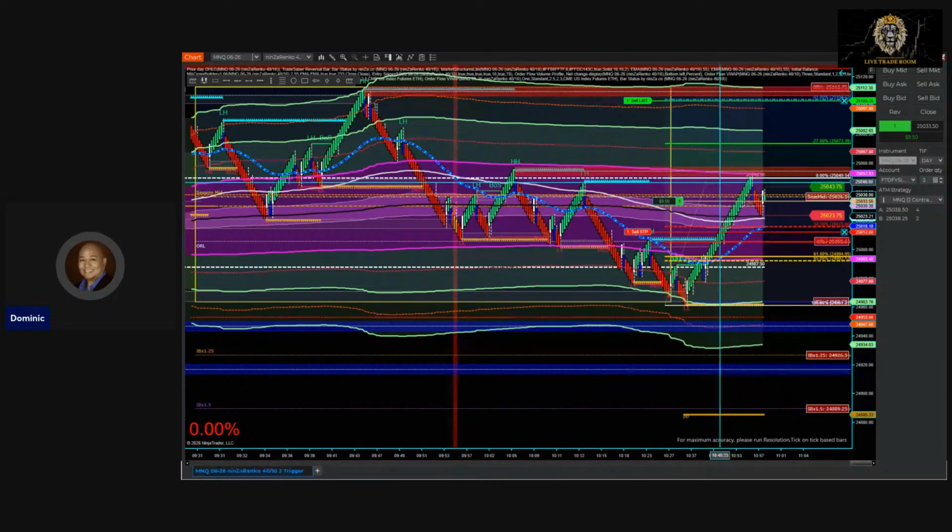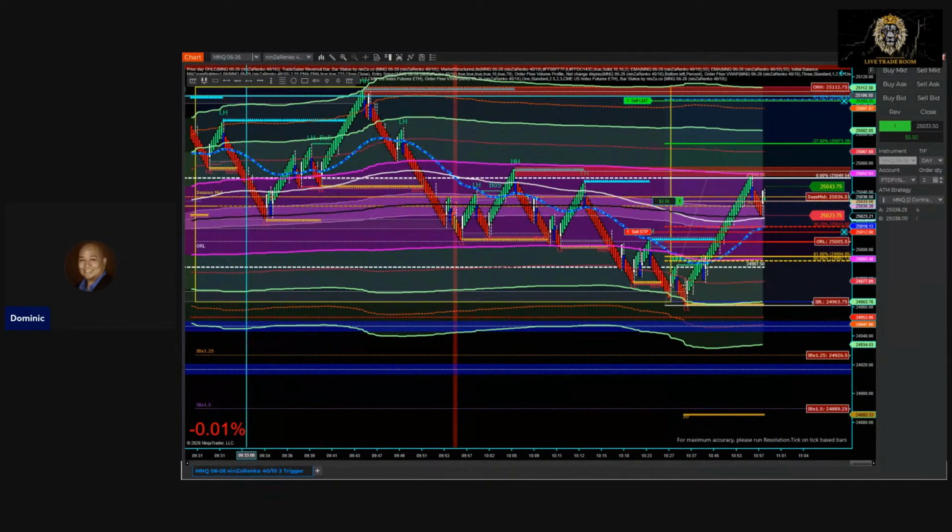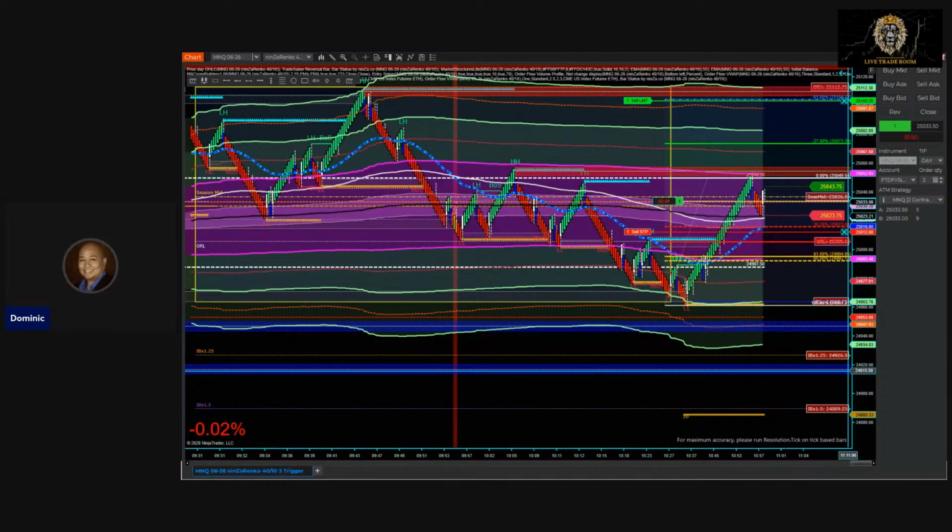So here's the plus one deviation. We got down here to the minus two, so that's what I'm assuming to get up here. Bouncing off the VWAP. This is your VWAP bounce, but there's really no momentum right now. You can see no momentum.